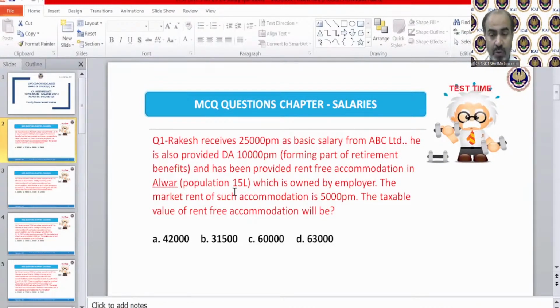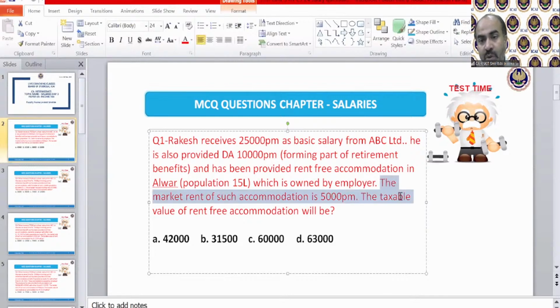So now you should understand in question number 1, is it a rent-paid case, or is the property owned by the employer? A lot of students will be confused and say it's a rental case. No. Always remember, if in the question it is only given that the rental value of the property is so much, like the market rent of such accommodation is 5,000, it does not mean that the property is on rent.